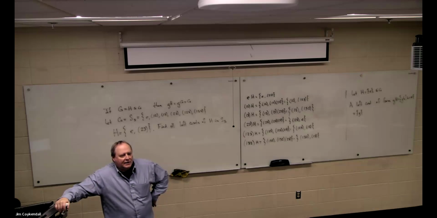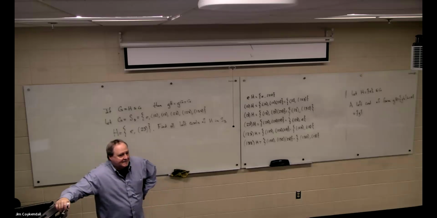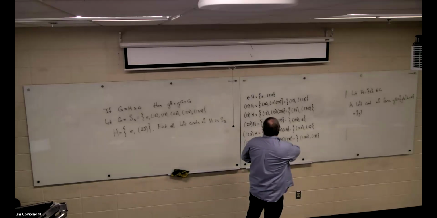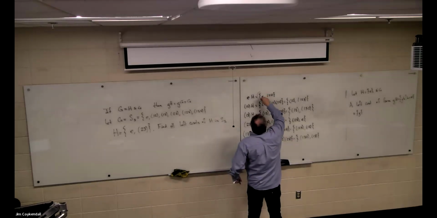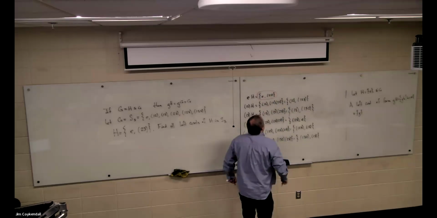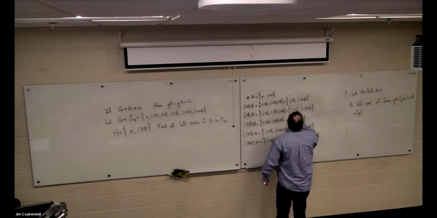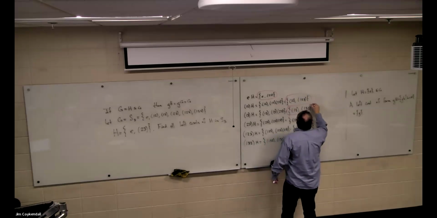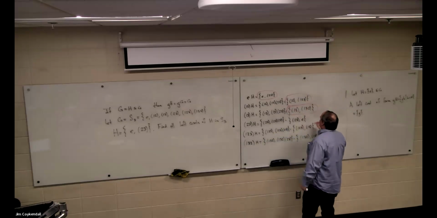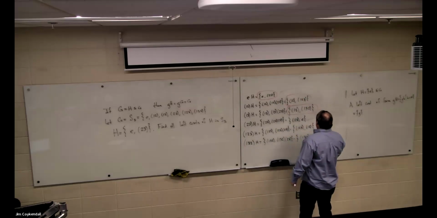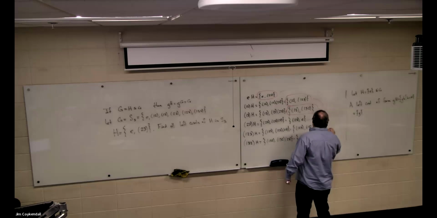These cosets actually form a partition of the original group, don't they? In fact, let me highlight the ones that are different. You've got this, and this one's different, and this one's different. Notice everything else is a repeater. This is a repeater, this is a repeater, and this is a repeater.